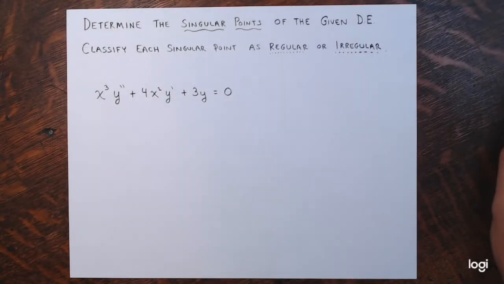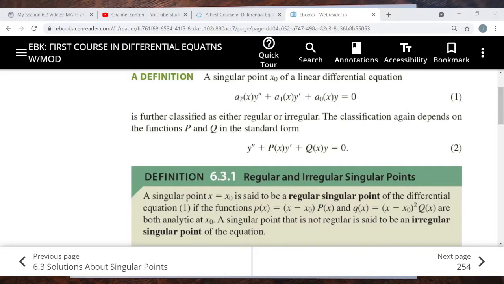Alright, so before I get into these examples, let me pull up a piece from an ebook, a differential equations book that I'm reading through. So I'll read this out loud. A singular point x sub 0 of a linear differential equation. Now this is a second order homogeneous linear differential equation.